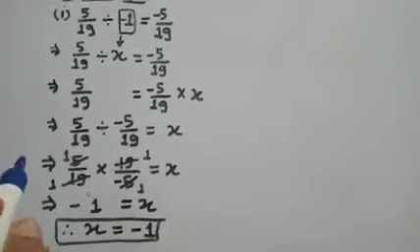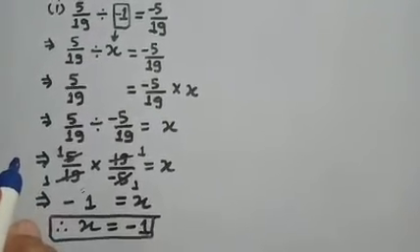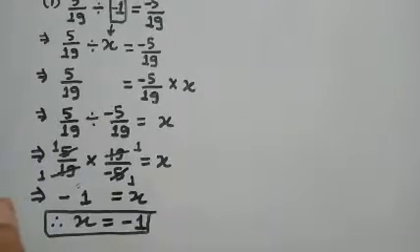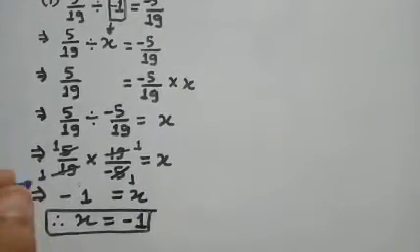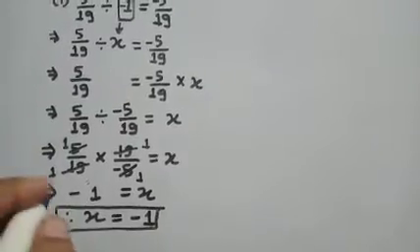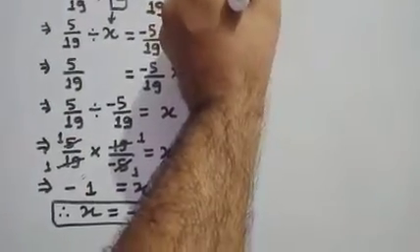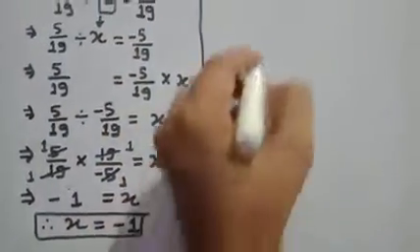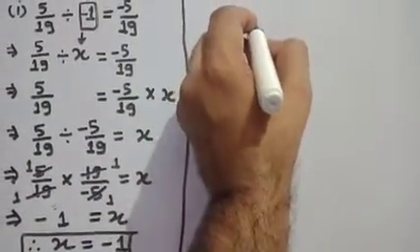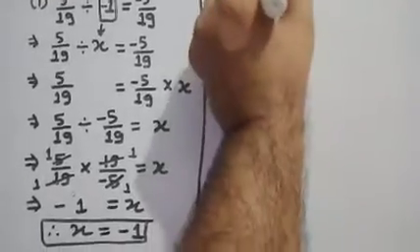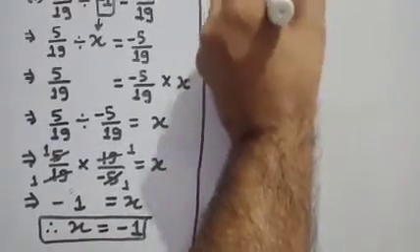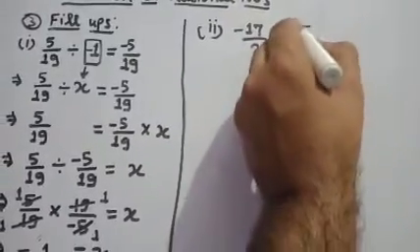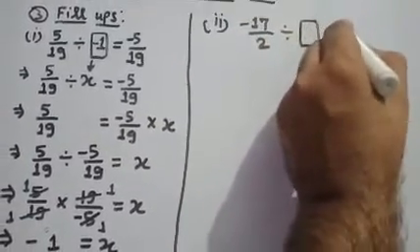Now check the other part. We'll do it like this, and the third part will be the same. So the second part is this. Minus 17/2 is divided by what rational number to become 1?